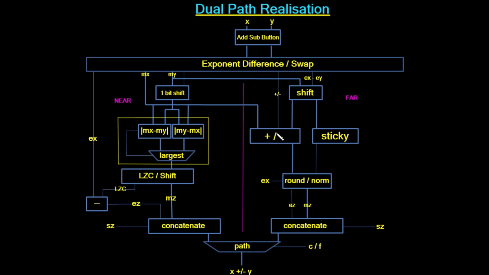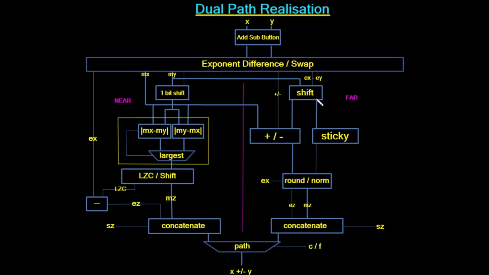We then go through either the addition or the subtraction algorithm, and again we get a control bit here which tells us which one we're going to be using. We also take a copy of the mantissa for y, and we have to shift it by a factor of ex minus ey in order for us to do the addition or subtraction.